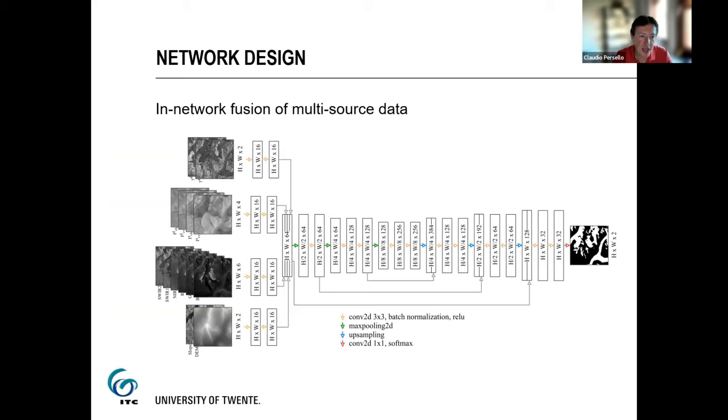So we explored one network that fuses the multiple source data. And here you see some of the details of this network structure. It is a U-Net-like network with an encoder and a decoder, as I very briefly mentioned before. And basically it's trained end-to-end to fuse all these data sources and produce a map in the end.